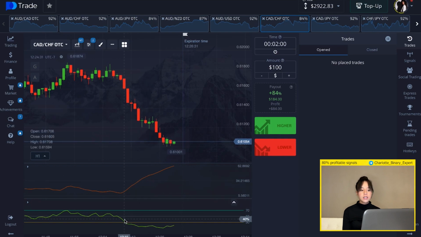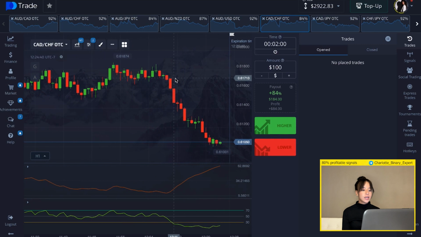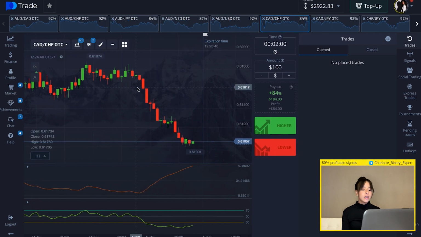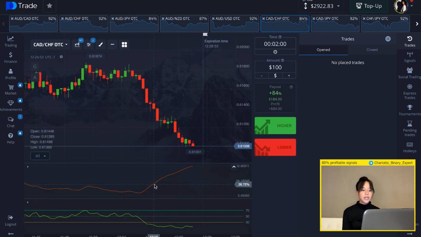As you can see in this example, here when we reached the level of 25, we could no longer open a deal to decrease. Why? Because the indicator was in the oversold zone.